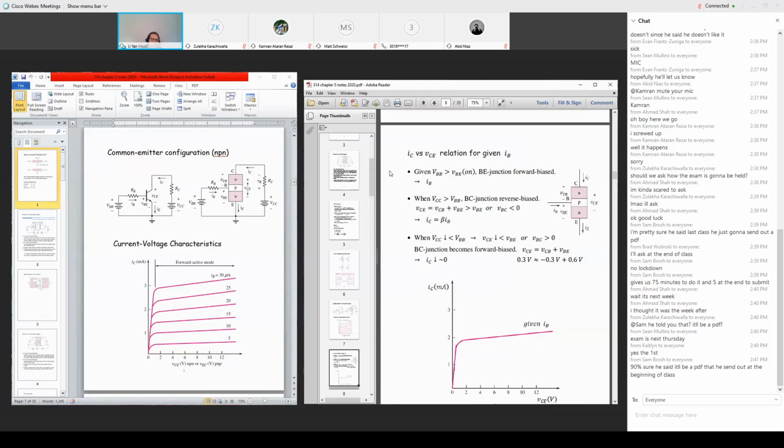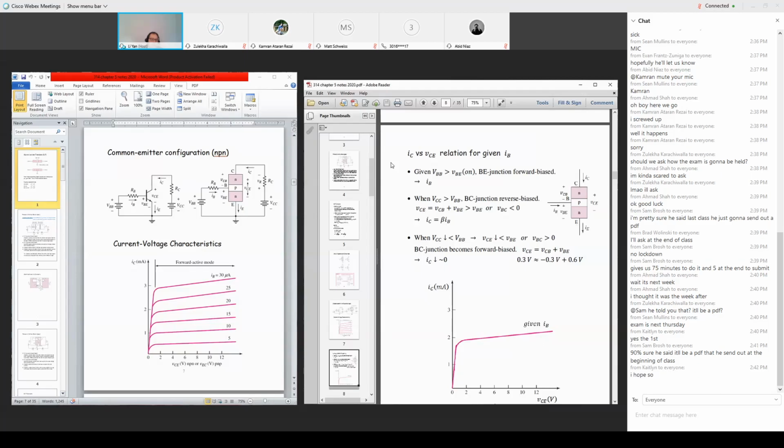I'm discussing the current and voltage relationship. The current is the collector current, IC, and the voltage I refer to importantly is VCE. C stands for the collector, E stands for the emitter.